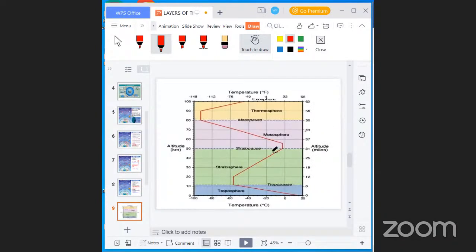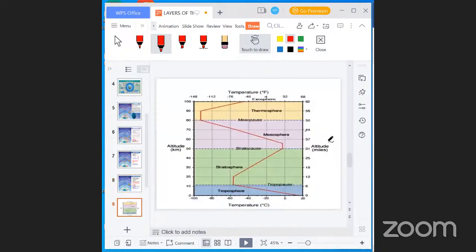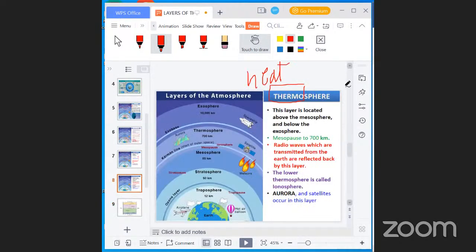So this layer has extremely high temperatures and is located above the mesosphere and below the exosphere. So that is called the thermosphere.